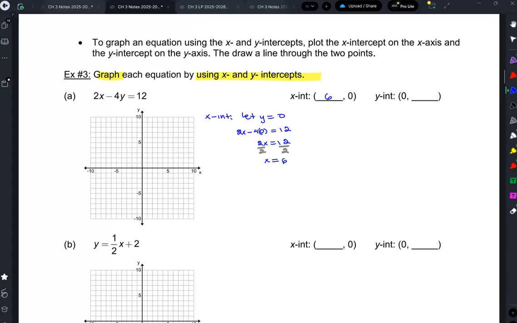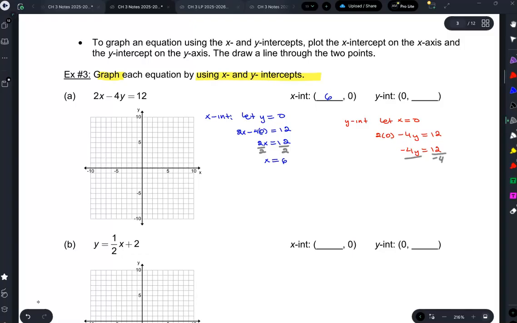Next one, for the y-intercept, we're going to let x equals 0. So 2 times 0 minus 4y equals 12. Negative 4y equals 12. Divide by minus 4, right? So what's y then? Negative 3.